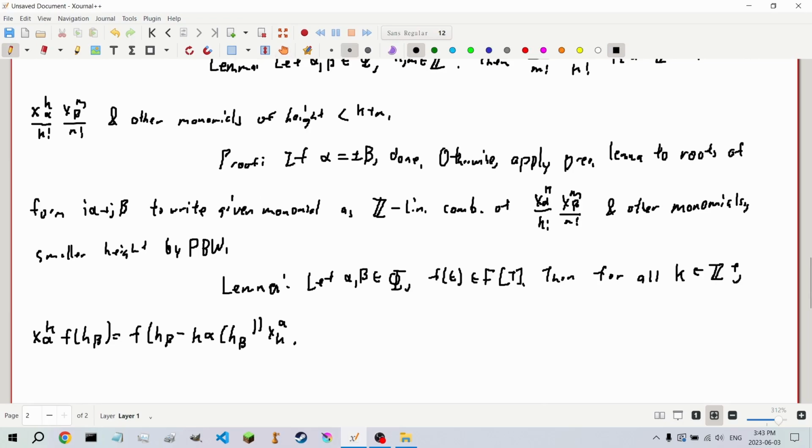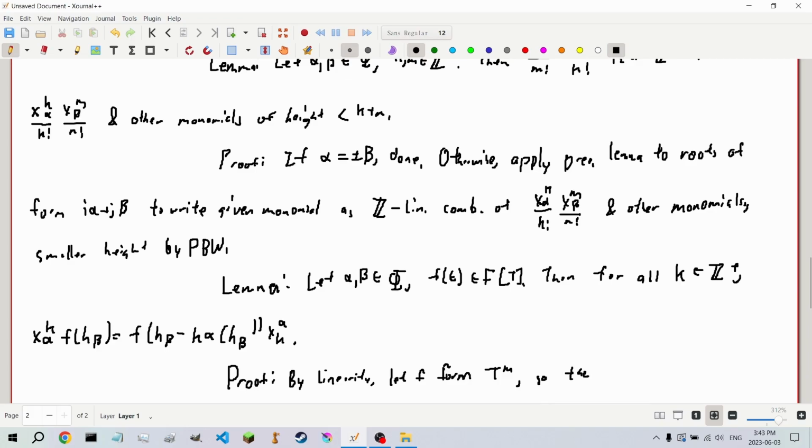And the proof for lemma number 4 here. By linearity, we can assume that f be of the form t to the m.